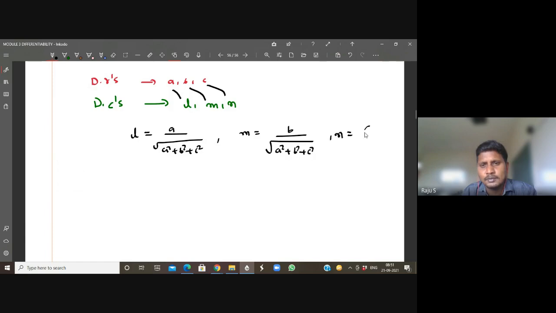And n is equal to c by root over a square plus b square plus c square. That's it. Very simple, right?